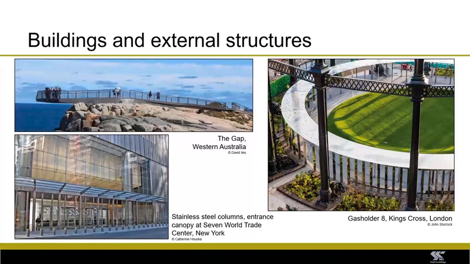And that is because the columns for the canopy in front of the building need to have a very high impact resistance to prevent the possibility of damage by vehicle impact. So that's a duplex stainless steel structure. And the rather beautiful canopy on the right, that's stainless steel, I think, was chosen because a very fine and beautiful reflective surface finish was needed.